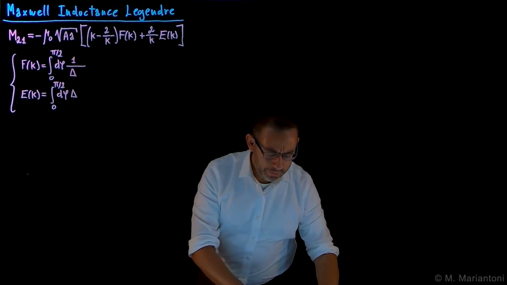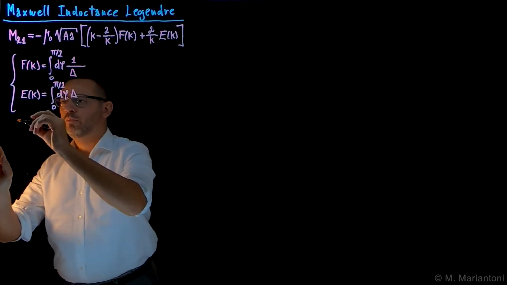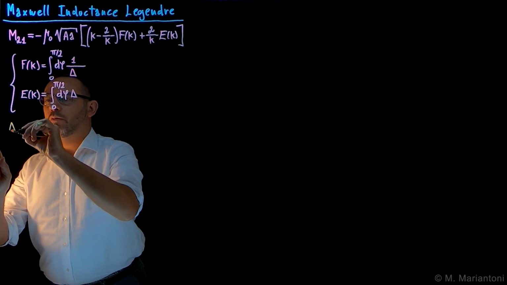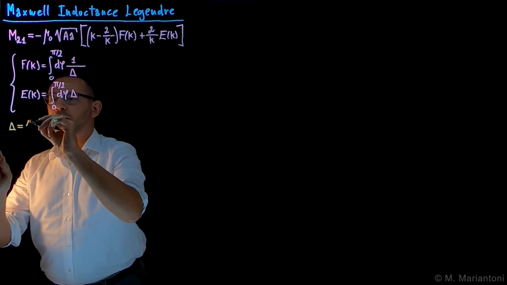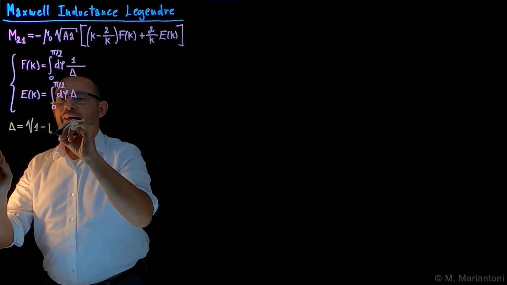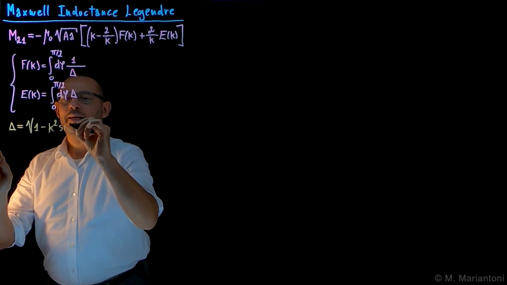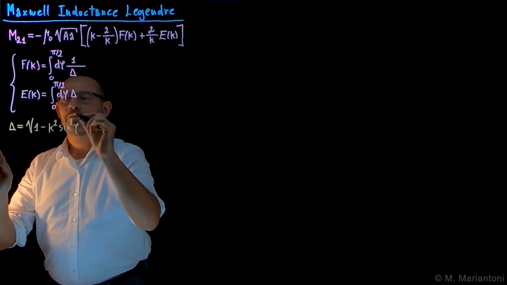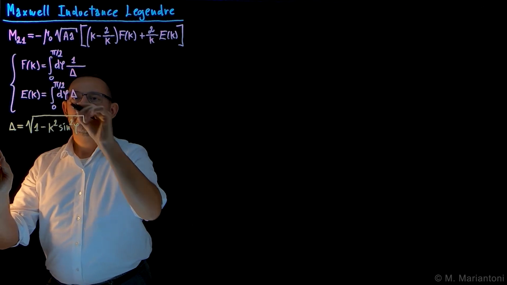What are k and capital delta? Capital delta, in the theory of elliptic integrals, is given by the square root of 1 minus k squared sine squared of phi, this angle here.